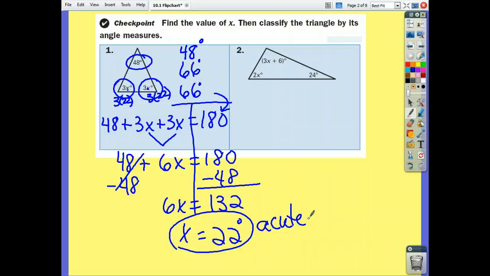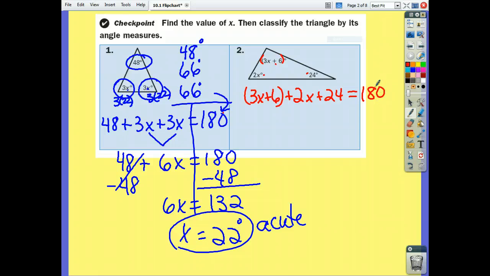Questions on number 1? Now number 2. We're going to have to add our 3x plus 6, that's one of the angles, to our 2x plus 24, and that equals what? These three equal what? 180. Yes, 180.